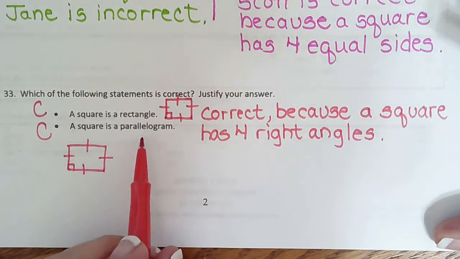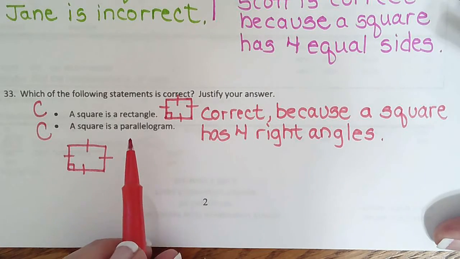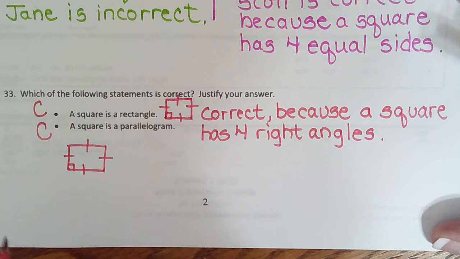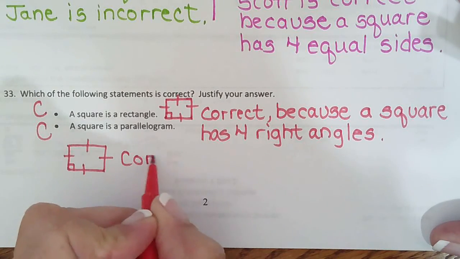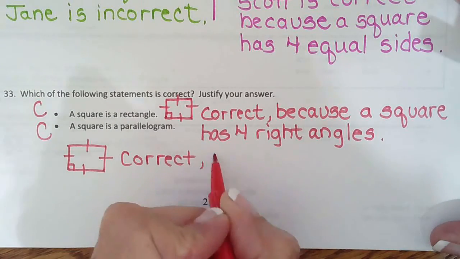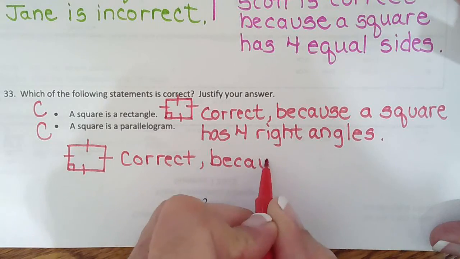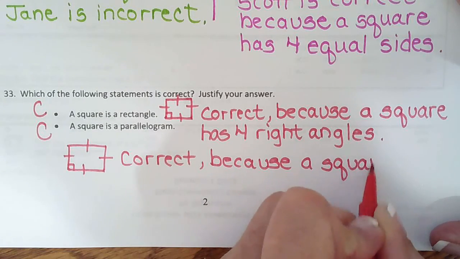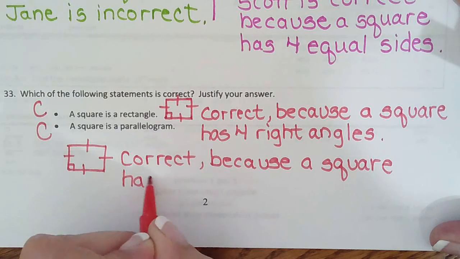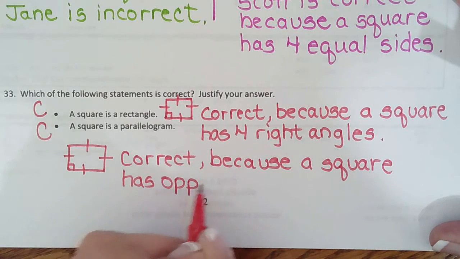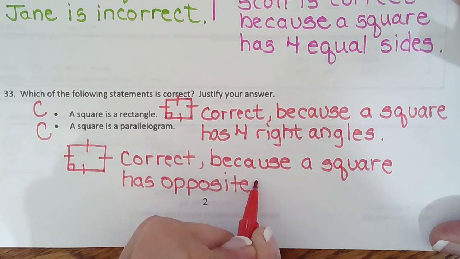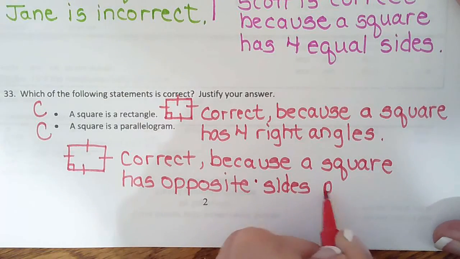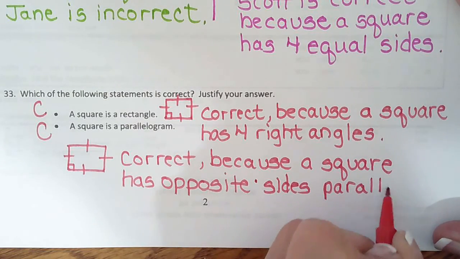A square is a parallelogram because it has opposite sides parallel, which is the requirement for the parallelogram, hence the name.